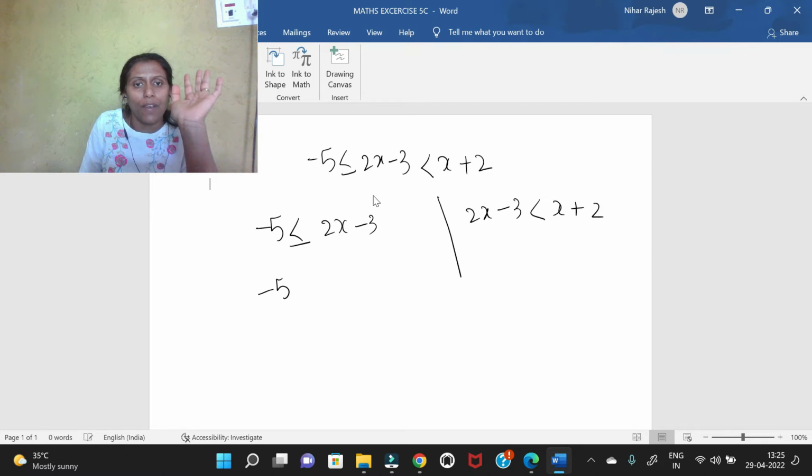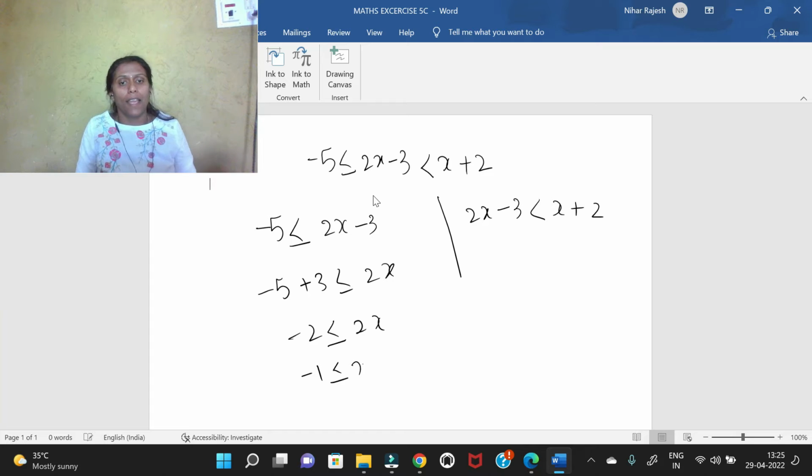So it is -5 plus 3 less than or equal to 2x, which is -2 less than or equal to 2x, or -1 less than or equal to x. It means x is greater than or equal to -1, but let me just keep it as it is.